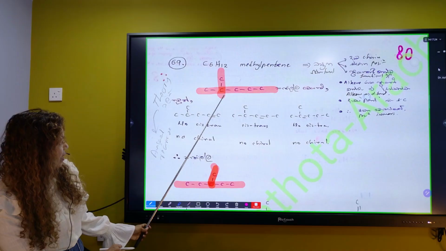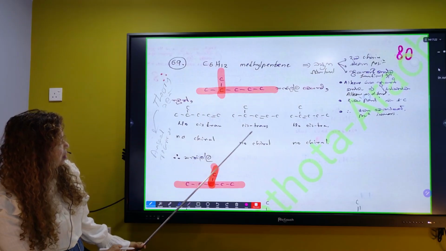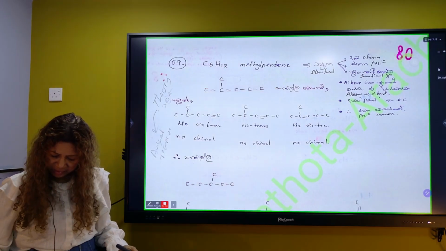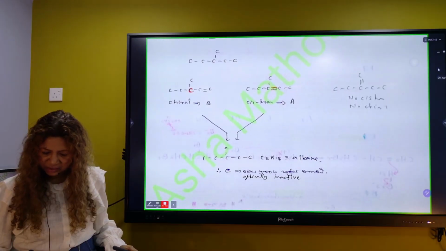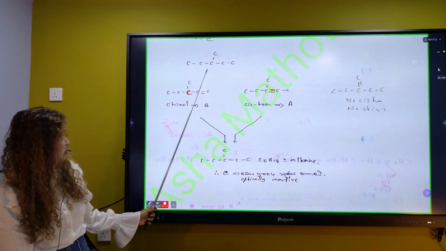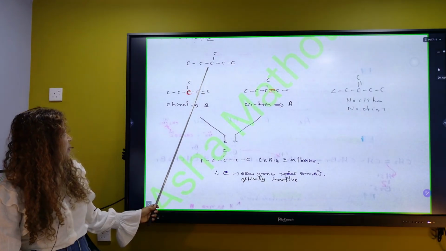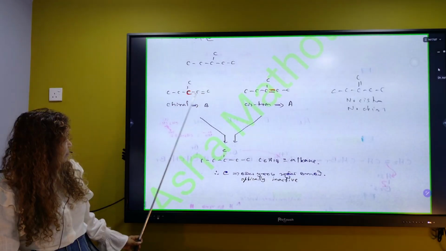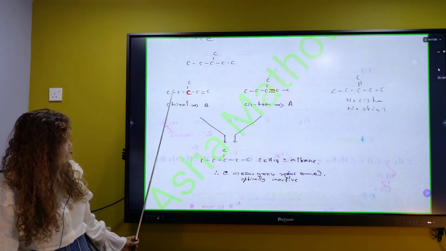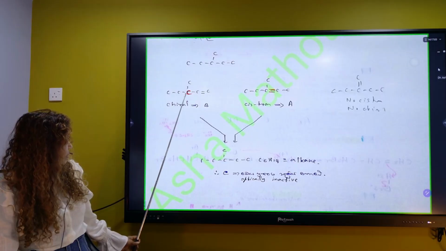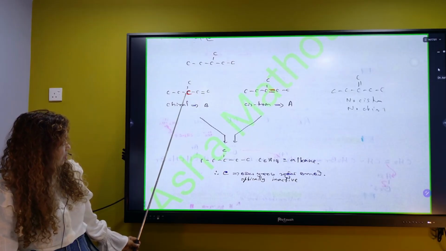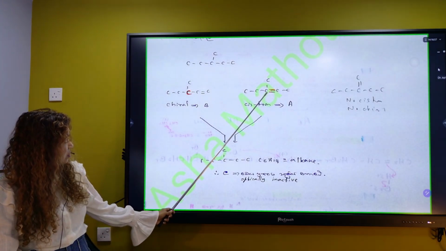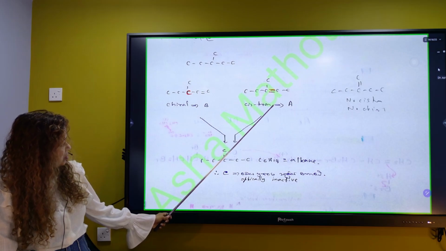So to make a structure with cis-trans and chirality, the double bond has to be either here or here, so that a chiral carbon exists. If we move the double bond to this middle carbon, there is no chiral carbon, only cis-trans.